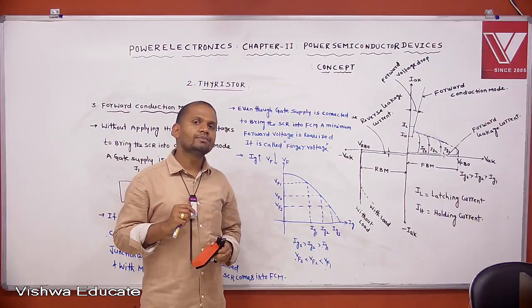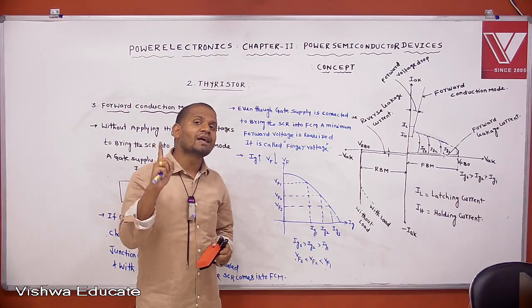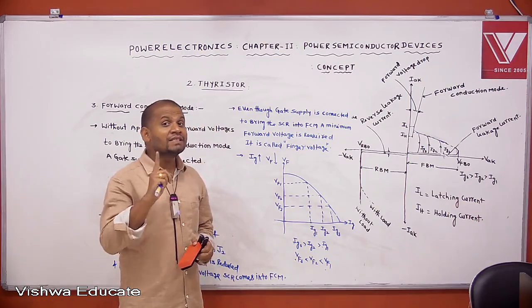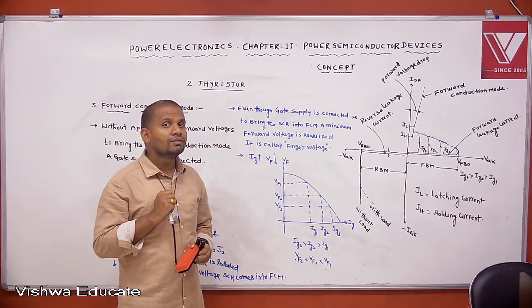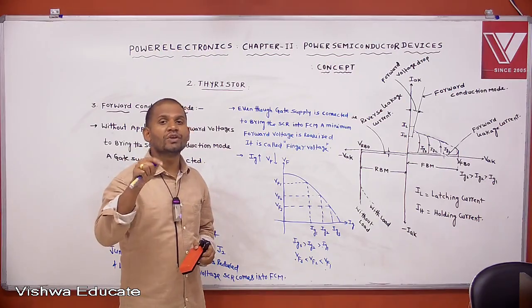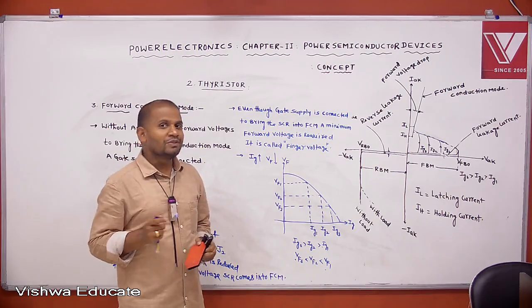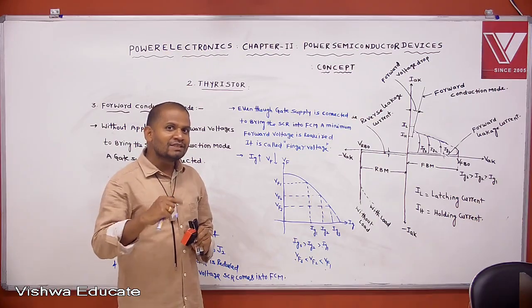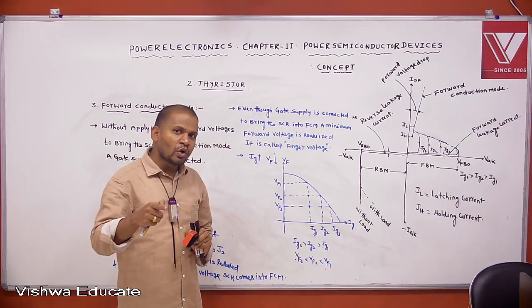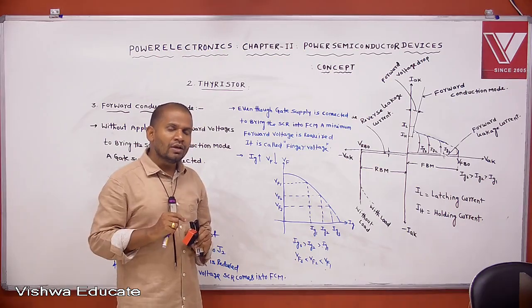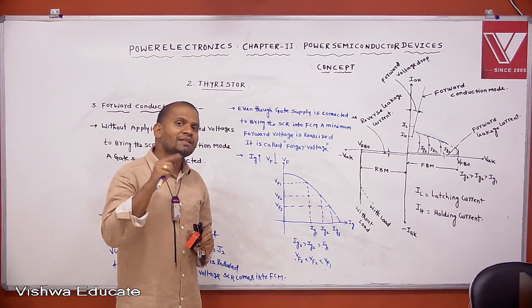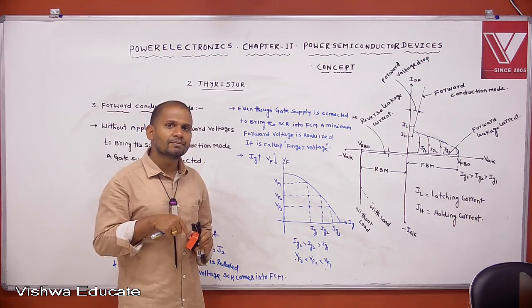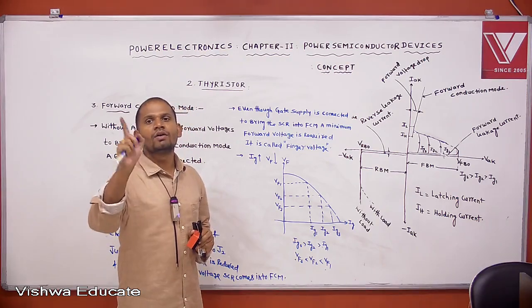Once the SCR starts conduction, the junction is closed. If J2 is open, it is an open switch, it does not conduct. Once the SCR is conducting, J1 is closed, J2 is closed and J3 is closed. If all the junctions are closed, are they forward biased or reverse biased? Yes, all the junctions are forward biased.